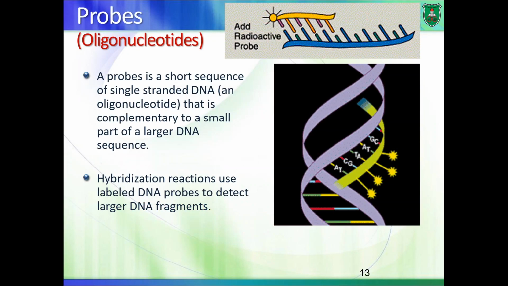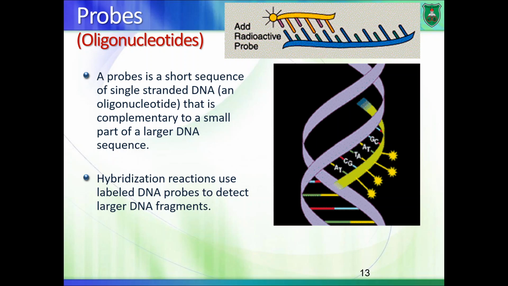Okay, so let's talk about now these short DNA molecules. These are also known as oligonucleotides. Oligo means short. Okay, so these oligonucleotides, we use them as probes. Probes mean exactly the same thing. So probes are short DNA molecules. They're known as oligonucleotides.